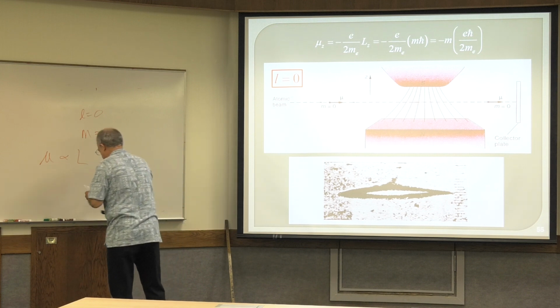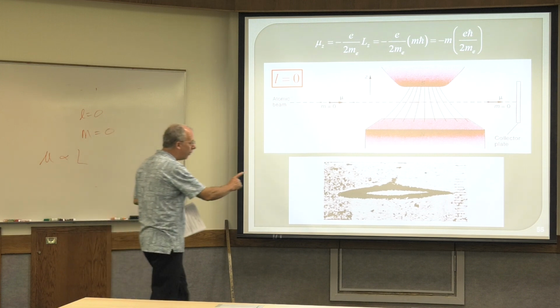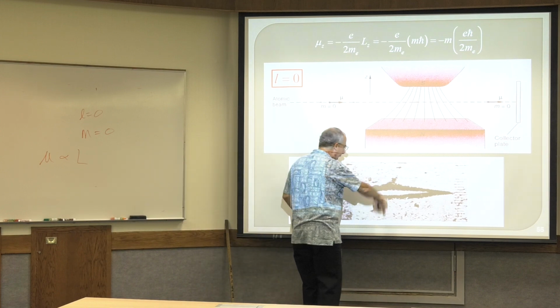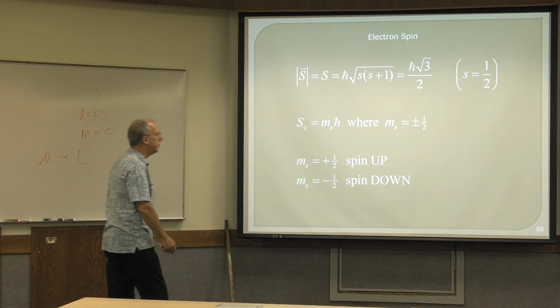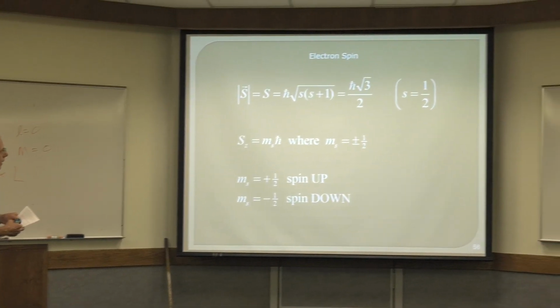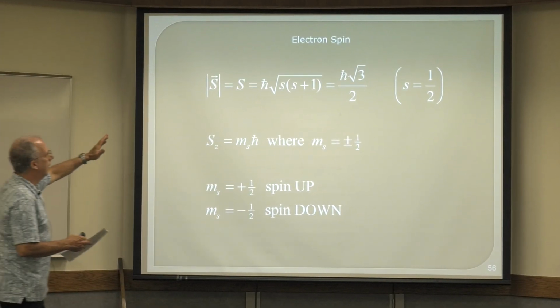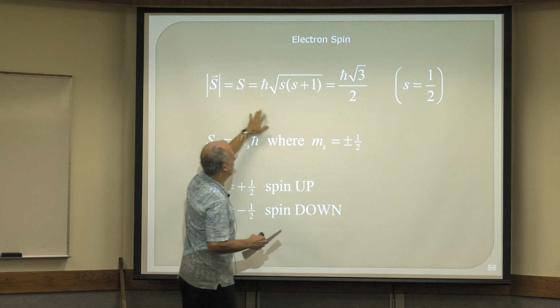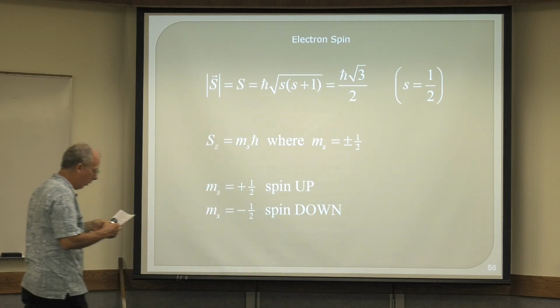Okay? Now, there's only 2 values of spin, right? It either goes up or down. So what they did, they wanted to copy the orbital angular momentum. They basically used the same equation, all right?